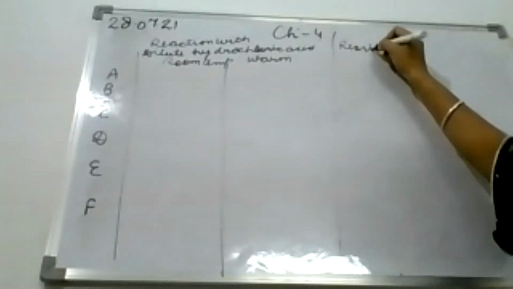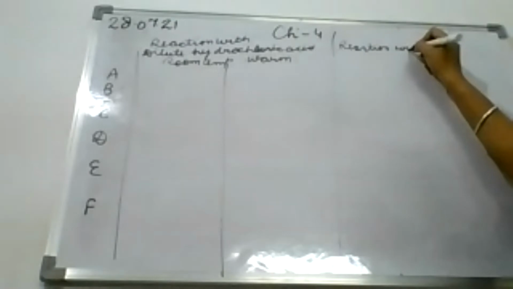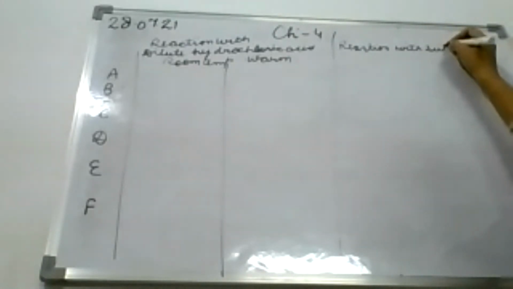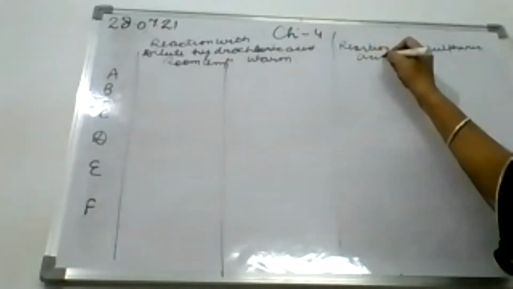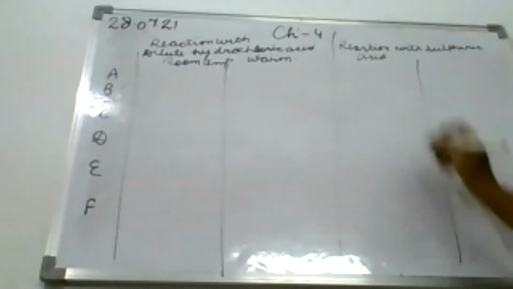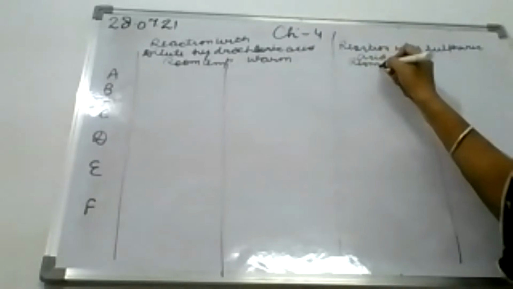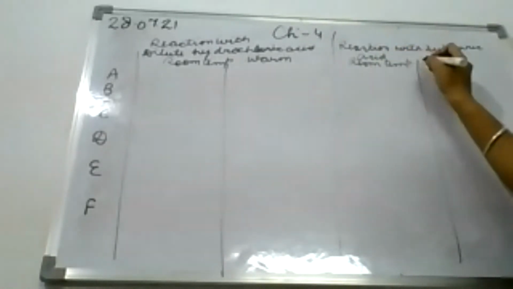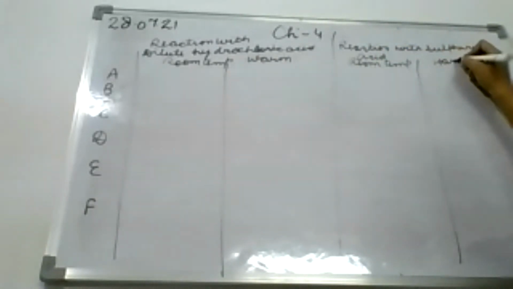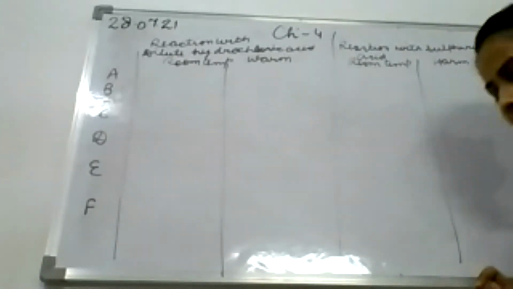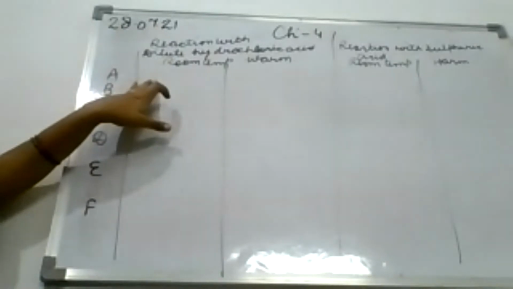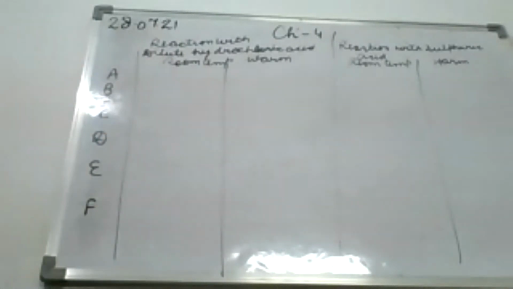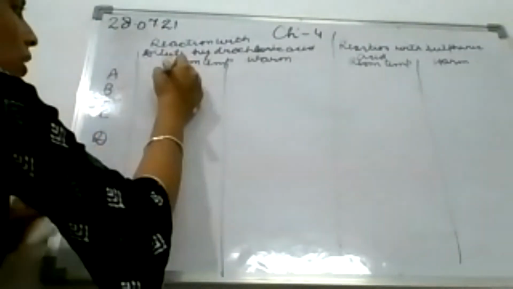Reaction with sulfuric acid. In this case also there are two conditions, room temperature and the other is warm. Clear? So in the case of A, that is magnesium, there is release of hydrogen gas.